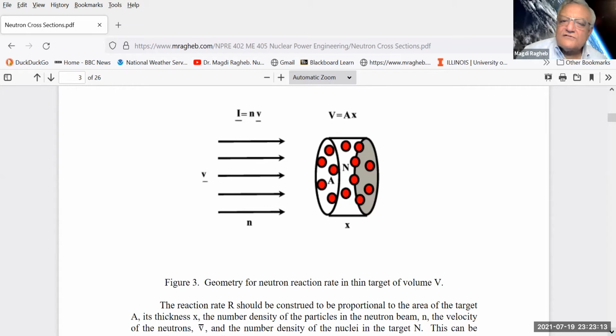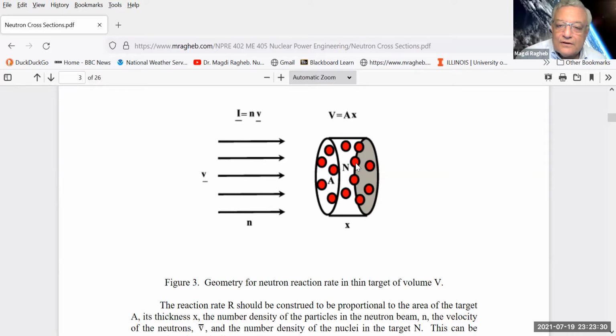So if we ask ourselves a question, this is now the Gedanken experiment or the thought experiment, what would be the reaction rate? How many interactions between the neutrons and the nuclei are going to happen?